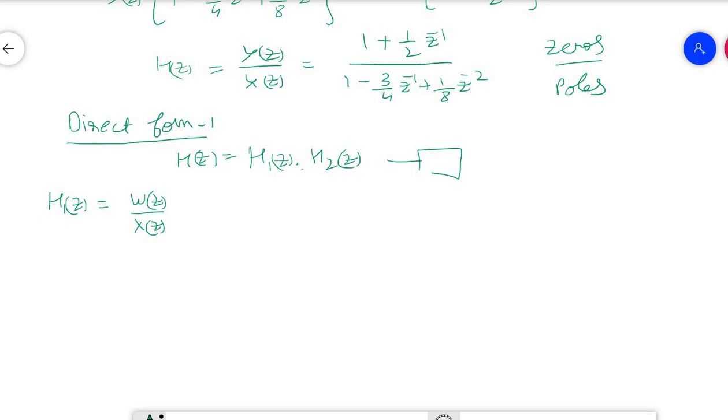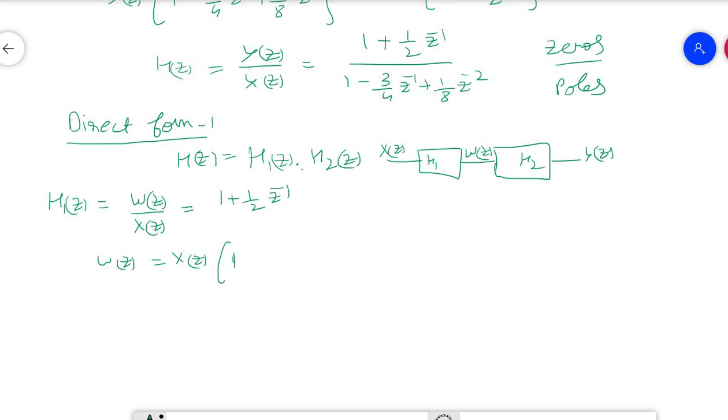So this H1(z) equal to 1 plus 1/2 z inverse. So this W(z) is equal to X(z) into 1 plus 1/2 z inverse.